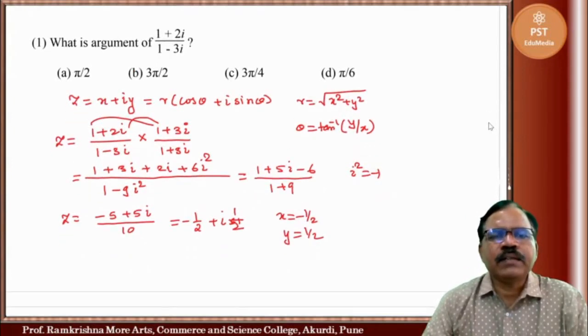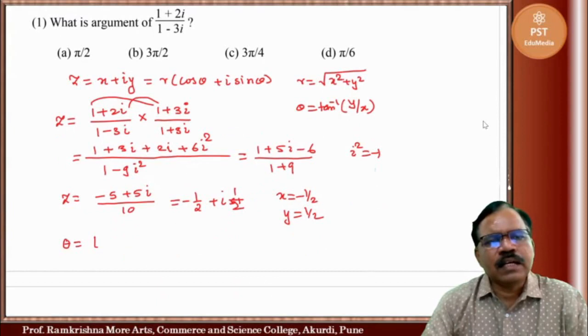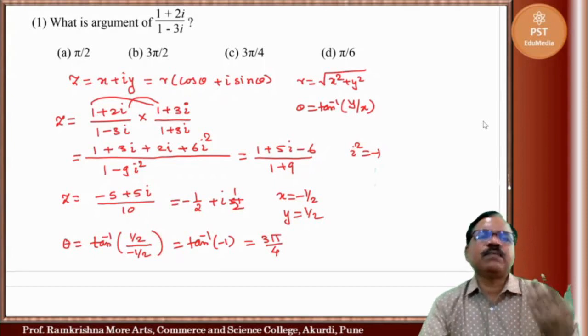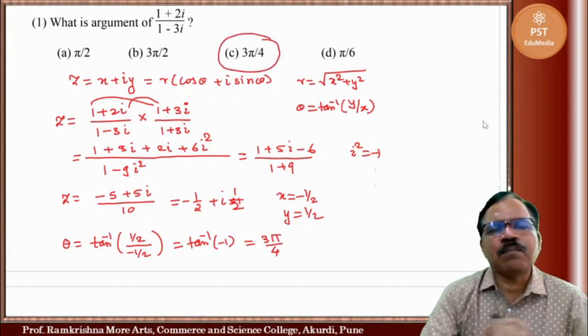So here we get theta, that is the argument of the complex number, equal to tan inverse of y by x. So we will get tan inverse minus 1, and tan inverse minus 1 is 3 pi by 4, and tan inverse 1 is pi by 4. So here C, that is 3 pi by 4, is correct.